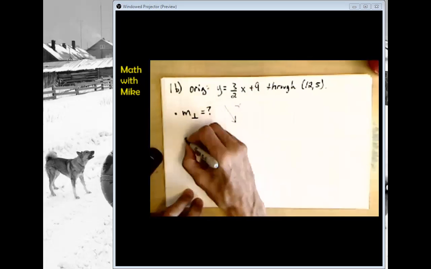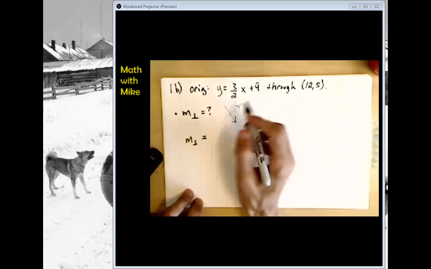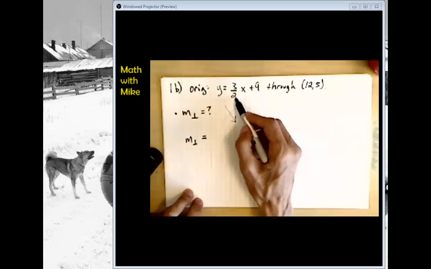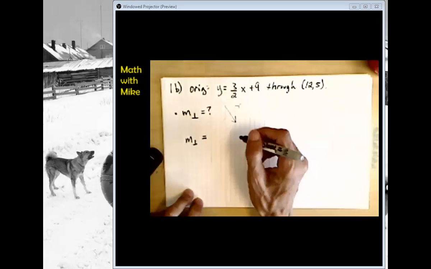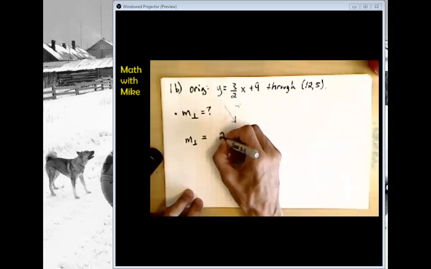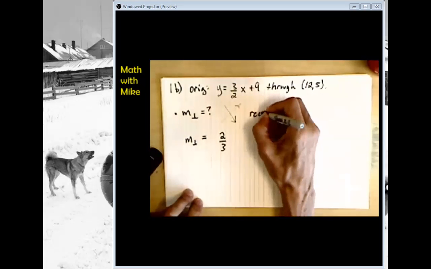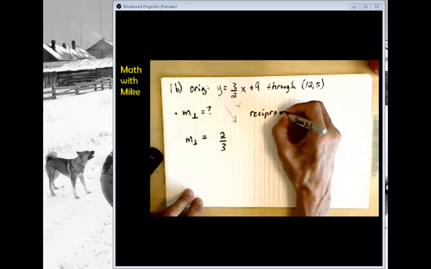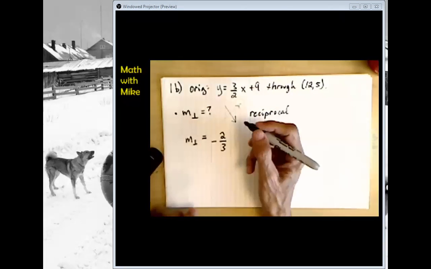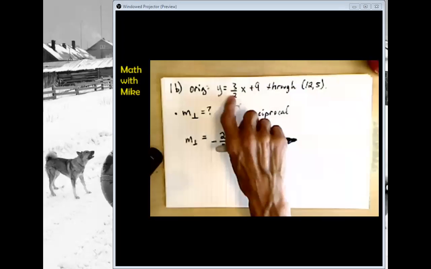And so that means instead of 3 over 2, it's going to be 2 over 3. That's the reciprocal part. And changing the signs makes it negative there because it's positive up there.